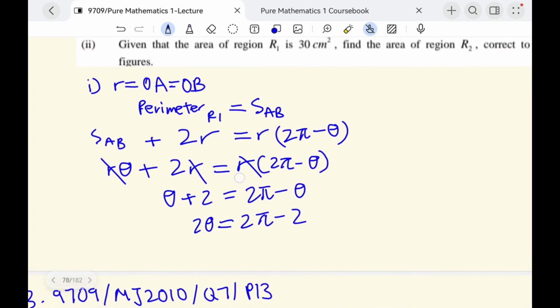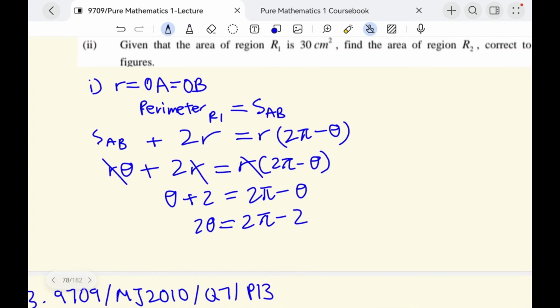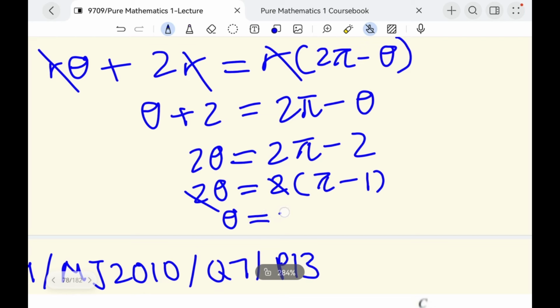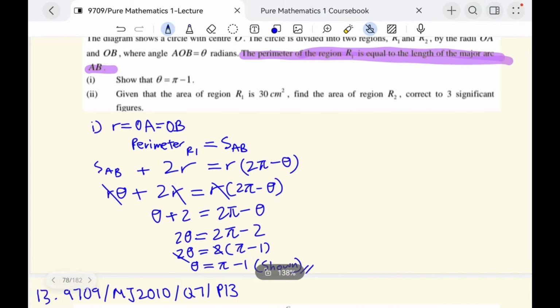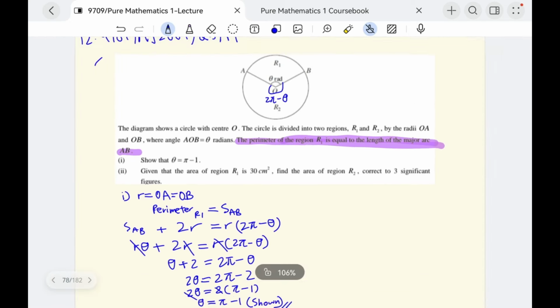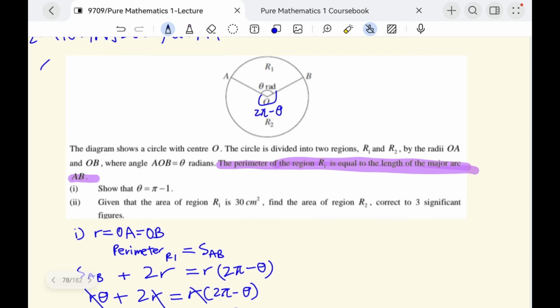You can also see the 2 is the common factor. Factorize the 2 on the right hand side, cancel the 2, and so the equation is shown. If you've done this part, you have successfully shown that theta equals pi minus 1. Okay, let's take a look at the second part.